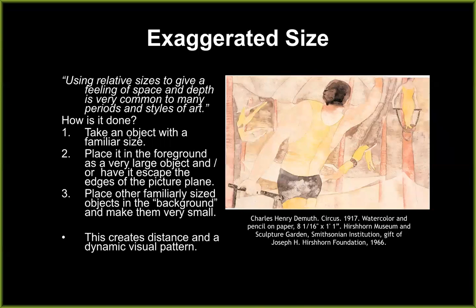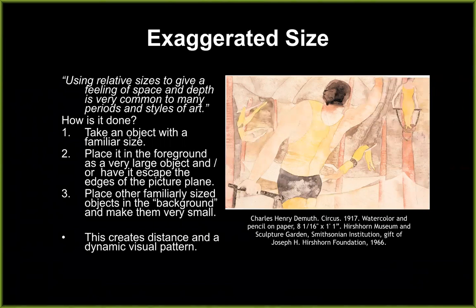You can use exaggerated size. So relative sizes give you a sense of depth and space. You can use an exaggerated size to put a lot of emphasis on any particular object. So in this example, we've got a very large circus performer. It's actually sticking out of the picture plane, so one hand and both legs extend beyond the picture.